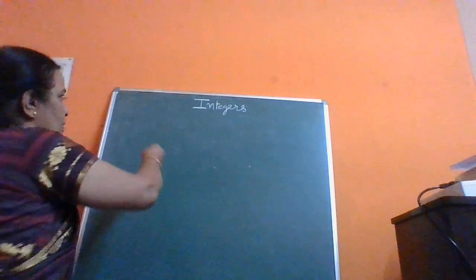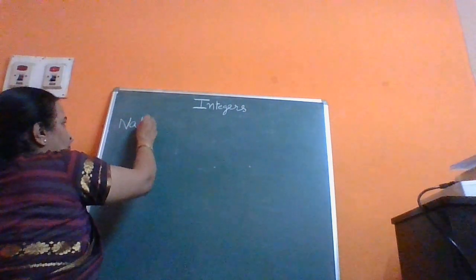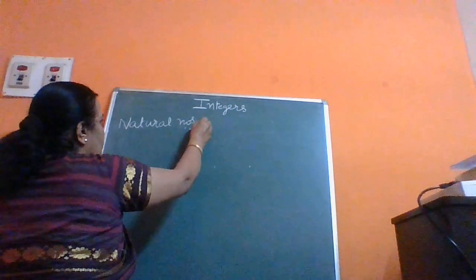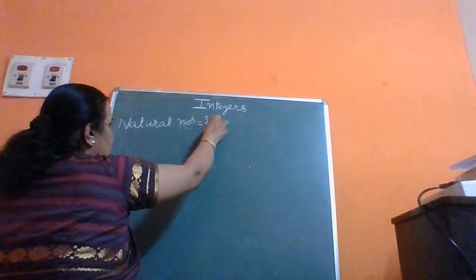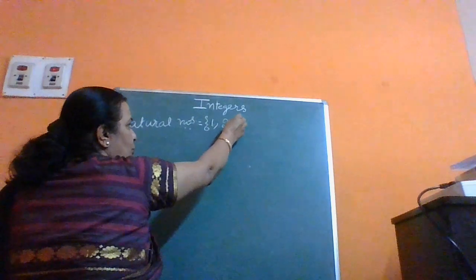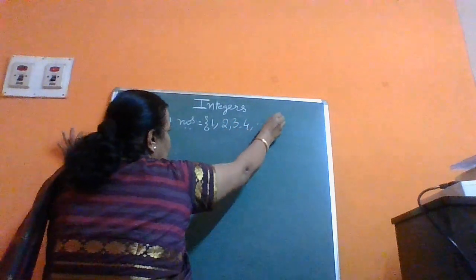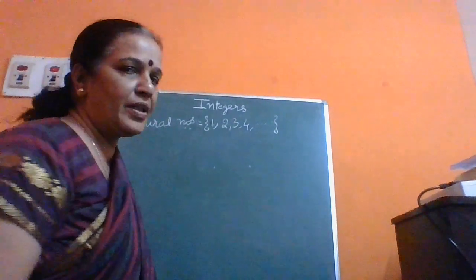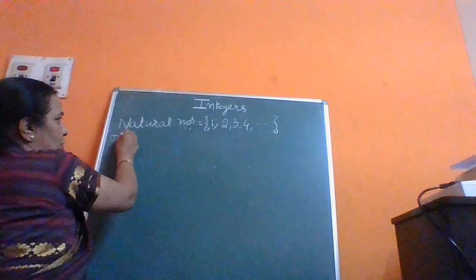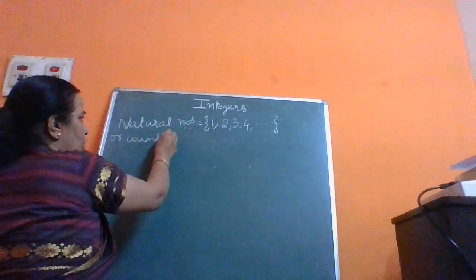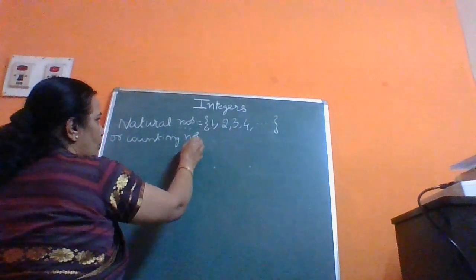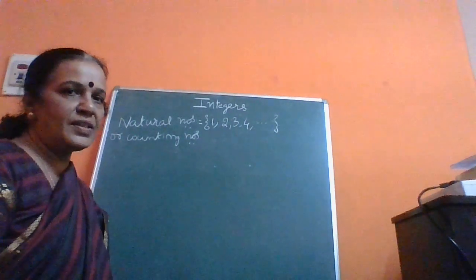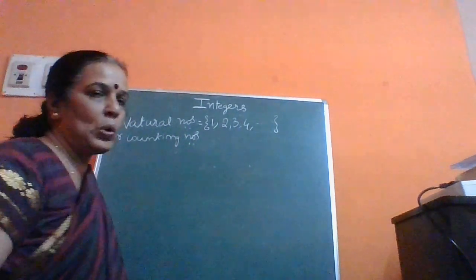That is, natural numbers start with 1, 2, and these natural numbers are also called counting numbers. You know another set of numbers called whole numbers.